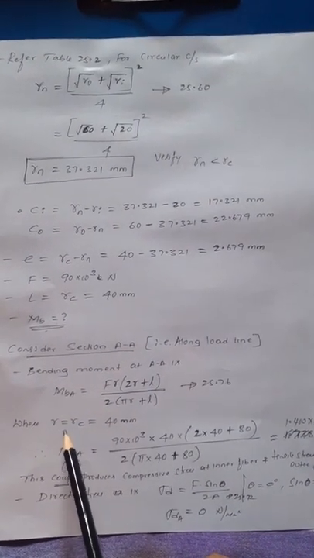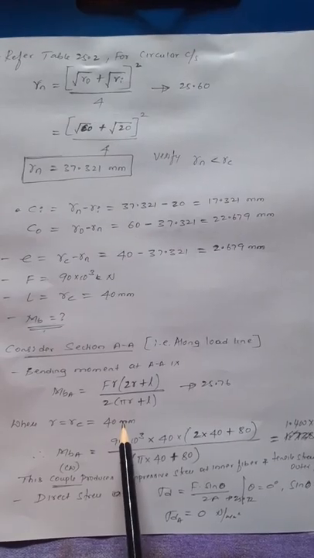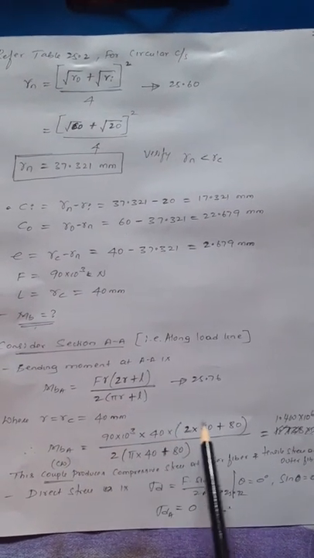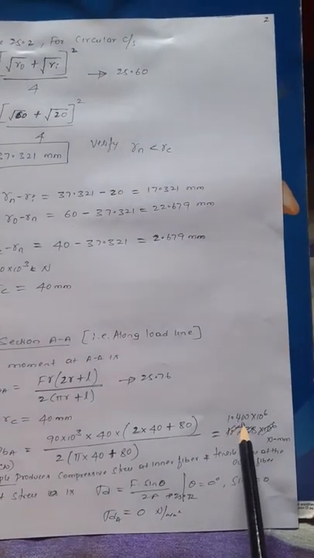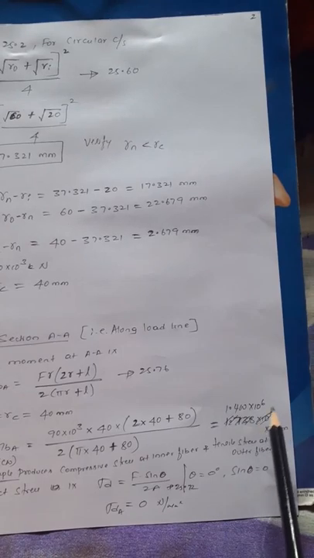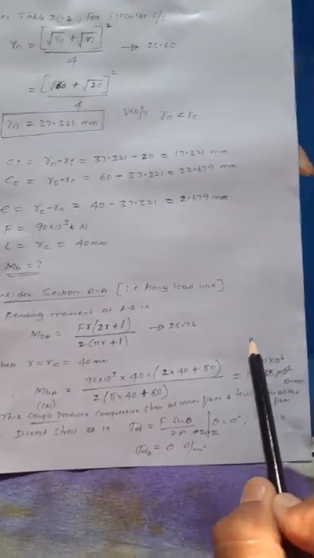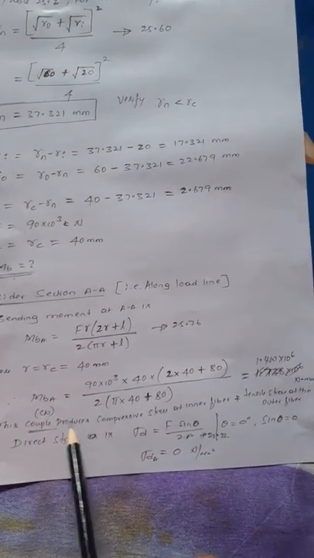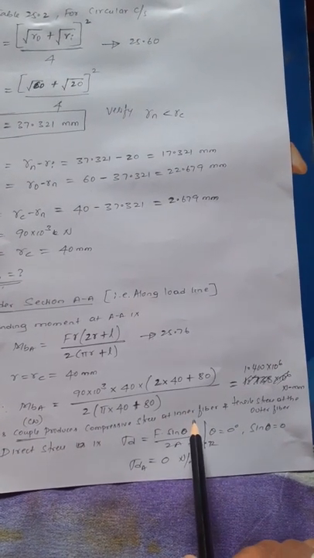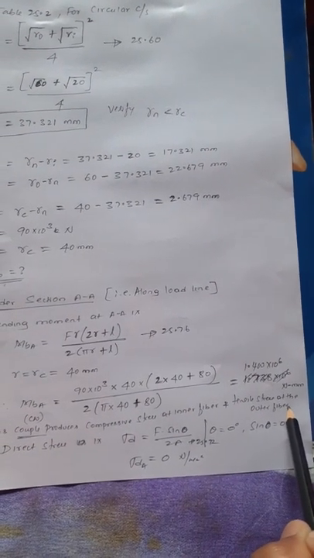Now put R equal to RC, 40 mm. Then we'll get the bending moment at A equal to a positive value, 1.4 into 10 to the power of 6. Now a positive value means what type of moment here? It is a clockwise moment. This clockwise couple produces a compressive stress at the inner fiber and a tensile stress at the outer fiber.